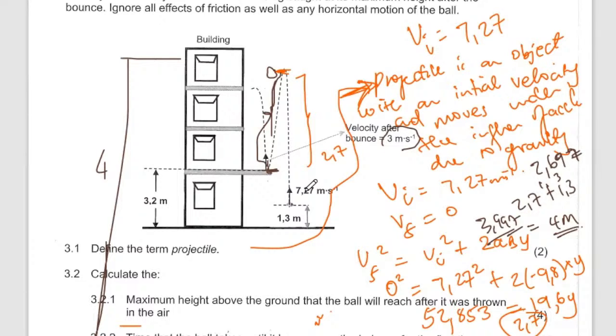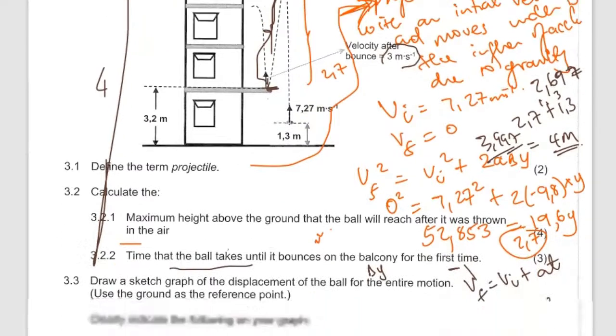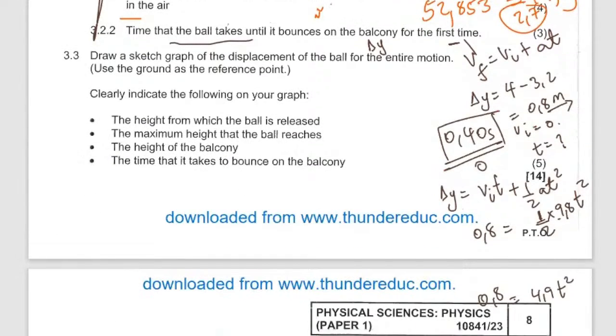That's very correct. It's 2.7 and then the time as well. So 2.7 is equal to now initial, which was 1.3, now I'm subtracting a half times 9.8 t squared.